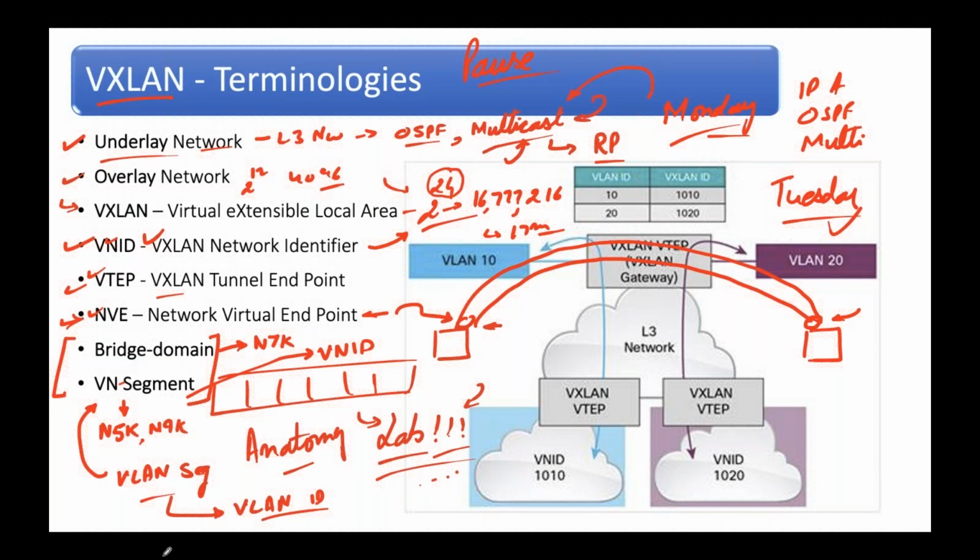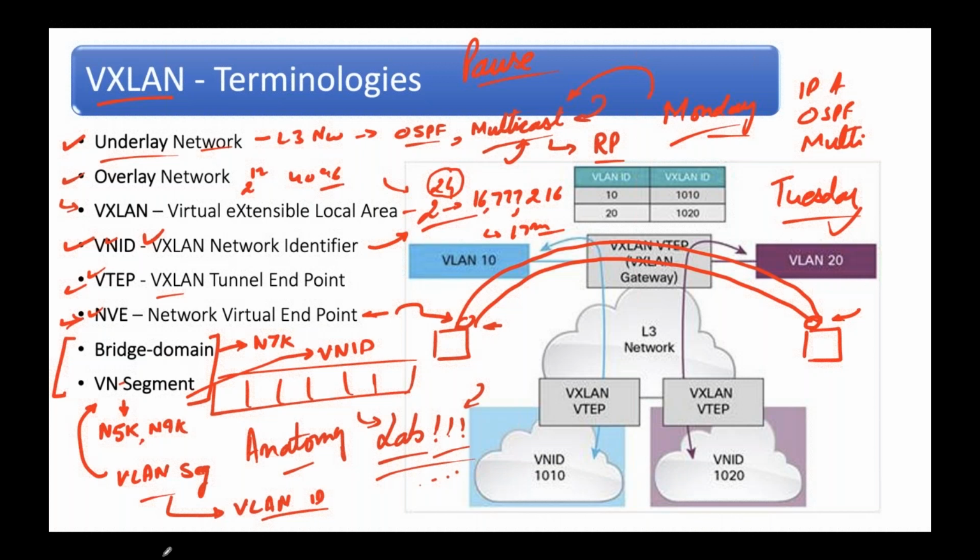If I give you a quick answer, yes, but I would still like to understand the depth of your question. So the tunnel part, I mean VTEP, tunnel endpoint, VNID and NVE, those we can say are overlay, and bridge domain and VN segment are coming under underlay. We can say that way.